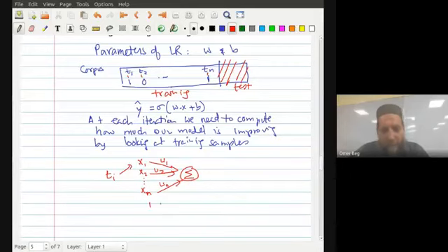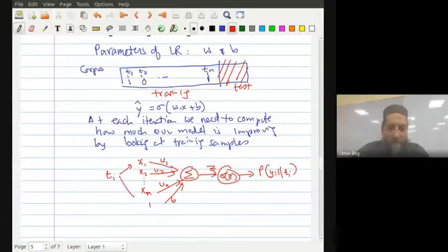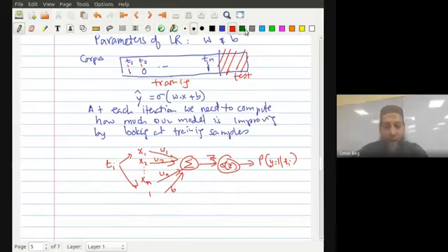Then I have 1 multiplied with this bias B, and I'm computing this Z. Then I'm doing a sigmoid over this Z, and this gives me a probability for Y being 1, for this text T of I.